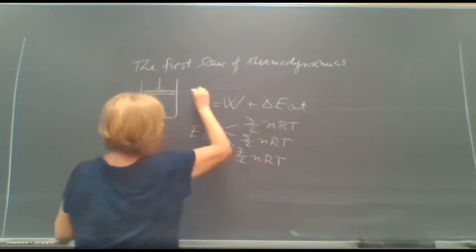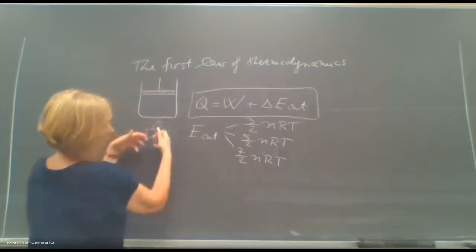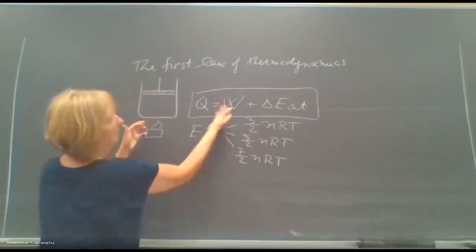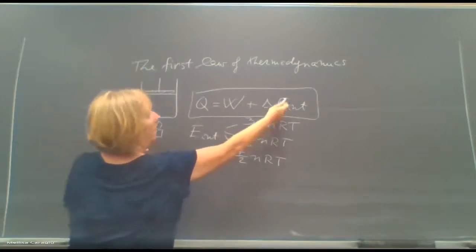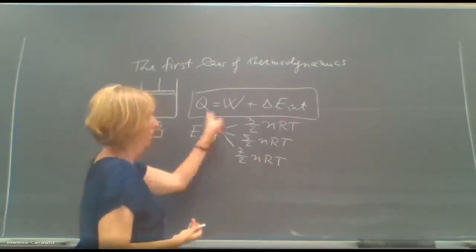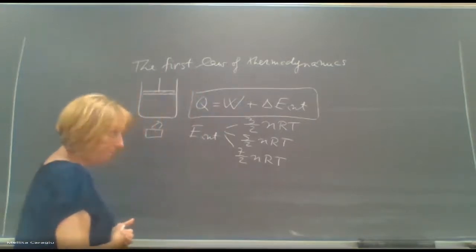So this here, the fact that the heat received by the gas is used by the gas to do work and change its internal energy, this is actually the first law of thermodynamics.